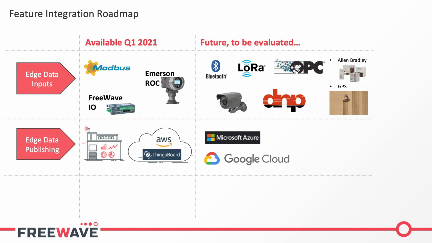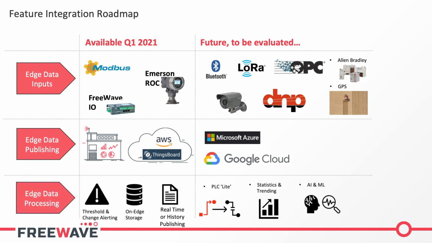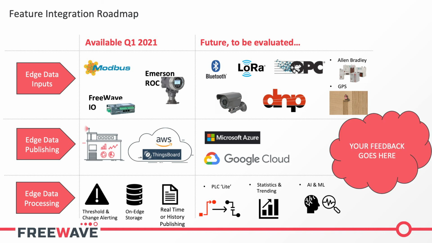And in terms of data processing, looking at things like PLC Lite, so to take that alert from not just a data message, but take that to triggering a data output or writing to a protocol. And then also adding statistics and trending at the edge, and potentially also some AI and machine learning models where we would run those at the edge to detect events, detect failures. It's definitely meant to be an expandable platform, and your feedback is very important to us here.